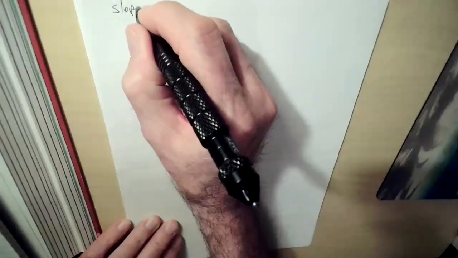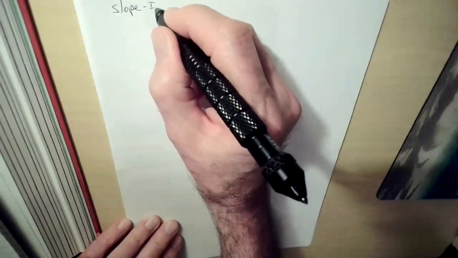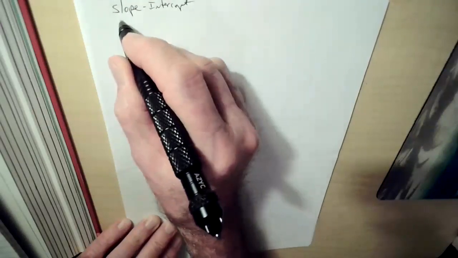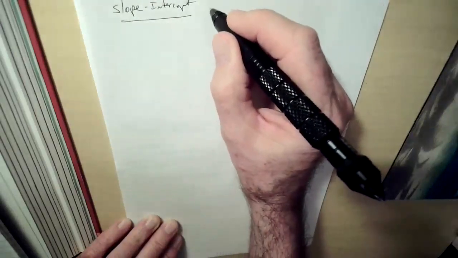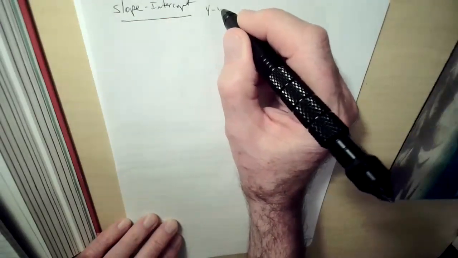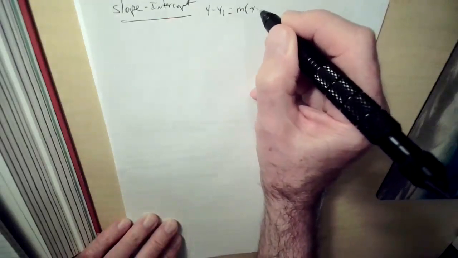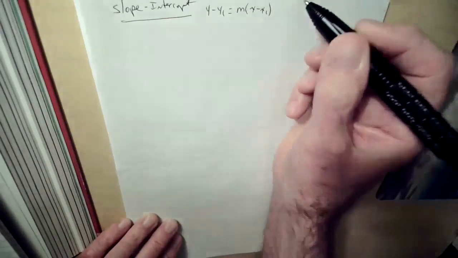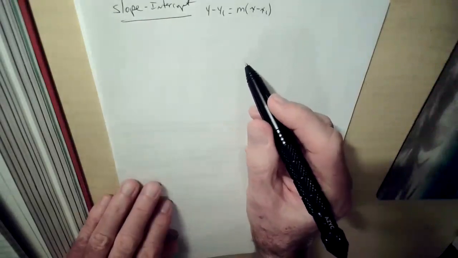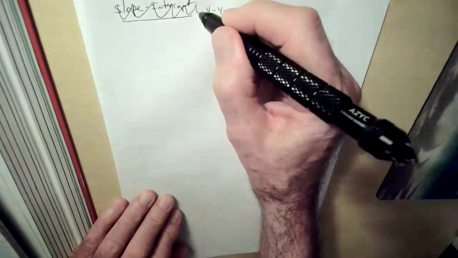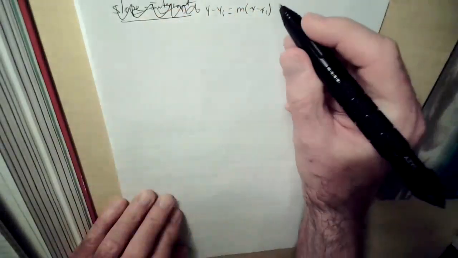And point-slope. Point-slope is y minus y1 equals m open x minus x1 closed. And again, this isn't slope-intercept, you bonehead.